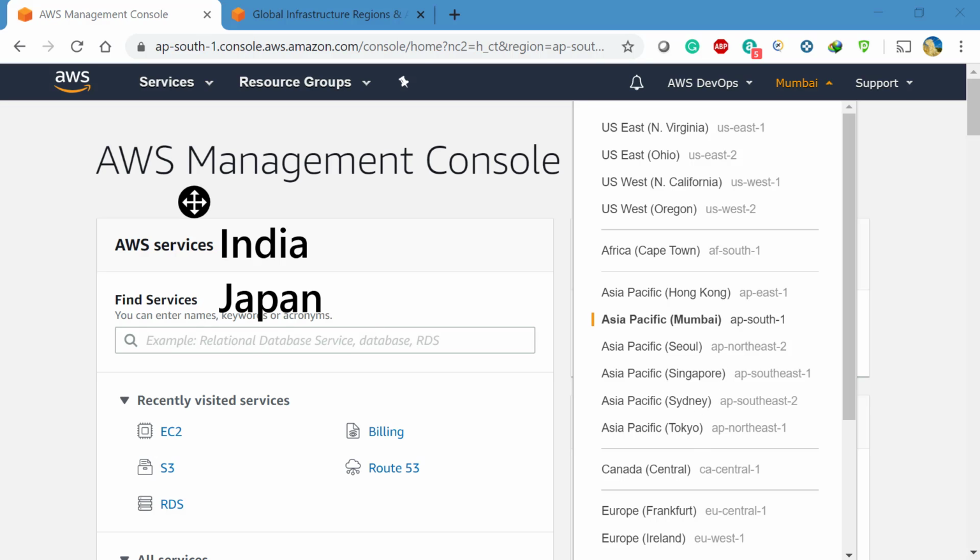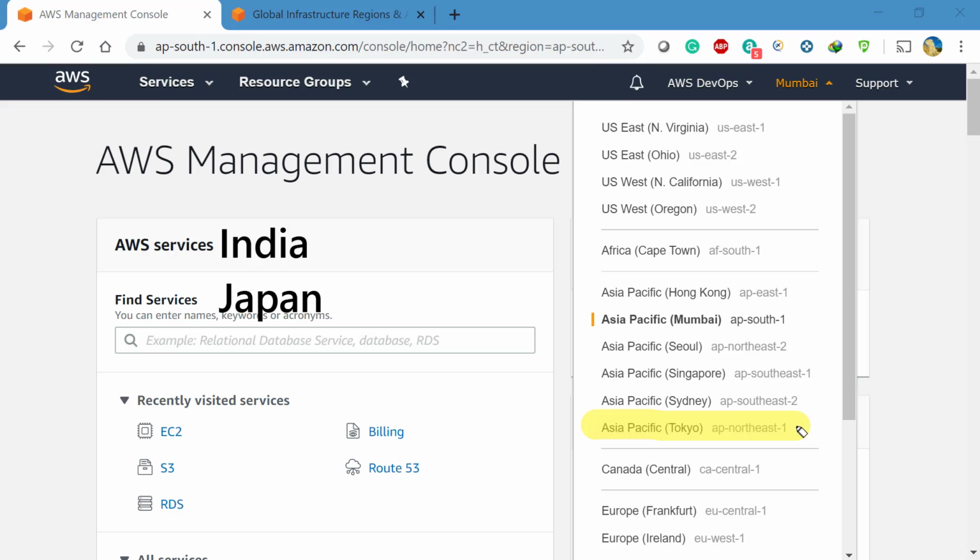In this scenario, choosing Tokyo would be a better option, because your customers would be served faster there.